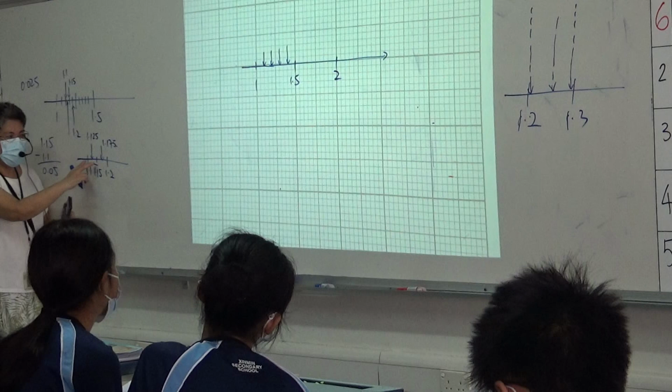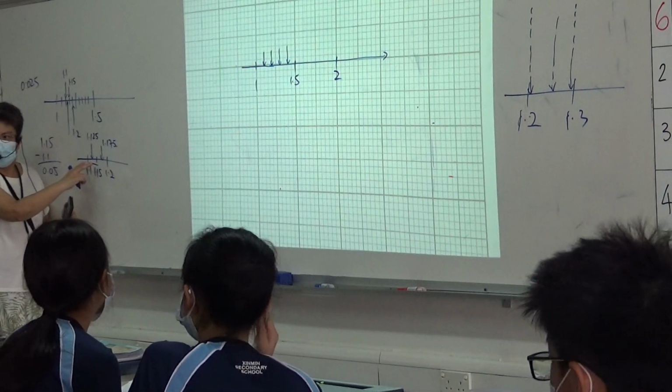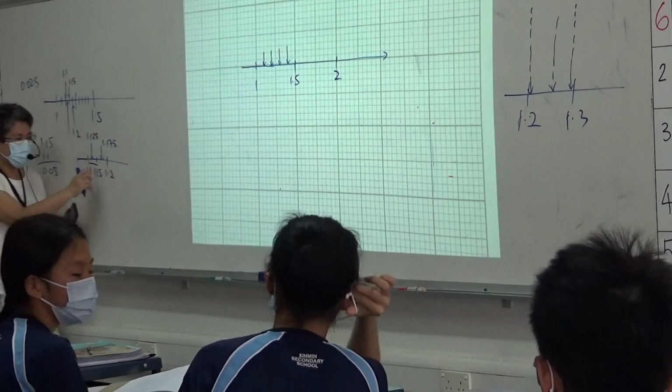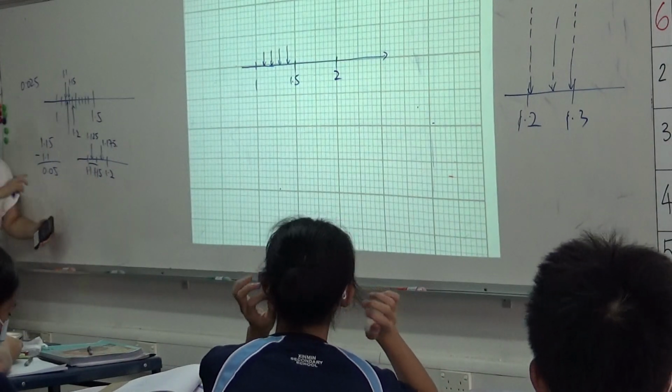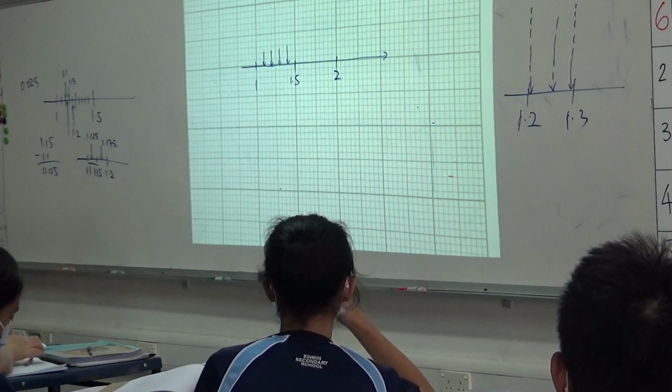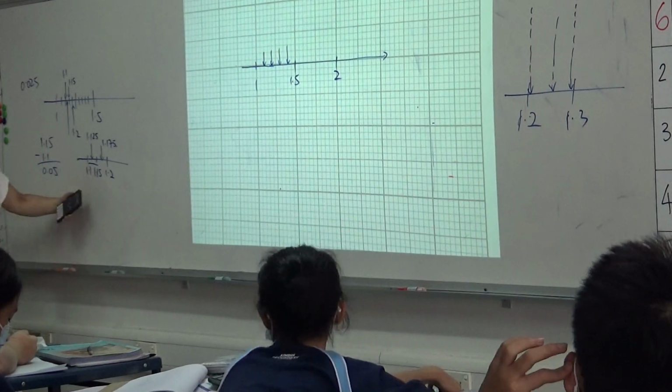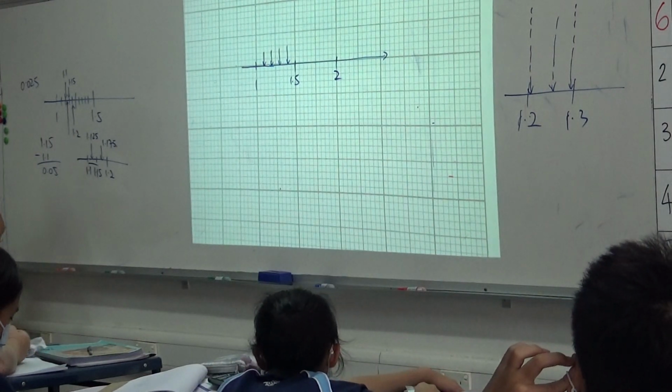This one, this is 0 point. This is not. This is 0.05. Can you see it's 1.1, 0.05, not 0.15. That's why I made a mistake there. Everybody clear? Because it's only 1.1. So do you understand? Okay.